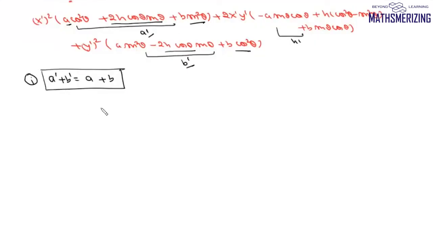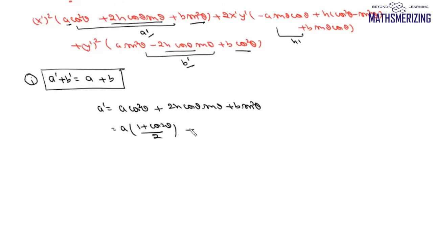Now for the second result we'll write a dash as a cos square theta plus 2h cos theta sin theta plus b sin square theta. Now what we'll do is we'll write cos square theta as (1 plus cos 2 theta) upon 2. We'll write this as h into sin 2 theta, and here we'll write it as (1 minus cos 2 theta) upon 2.